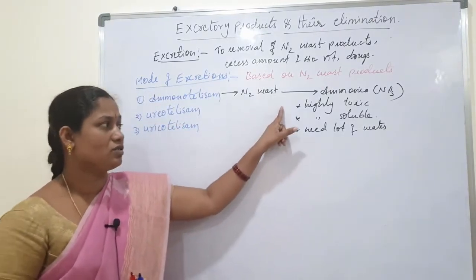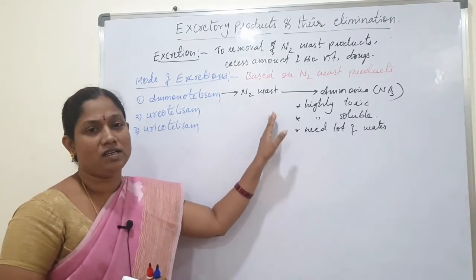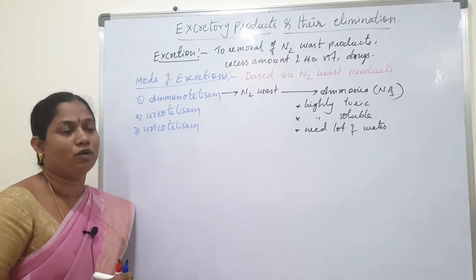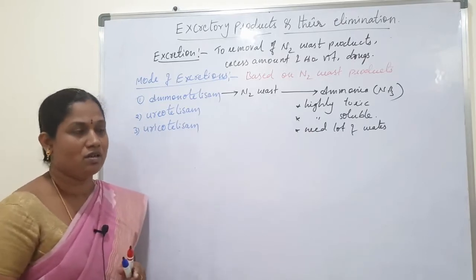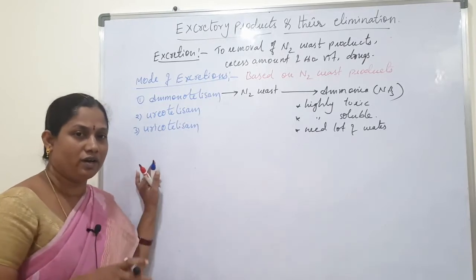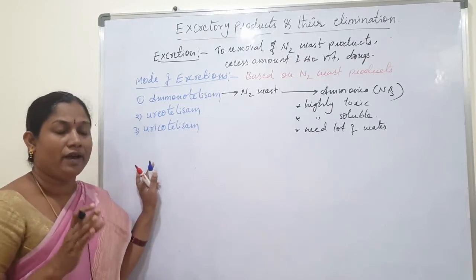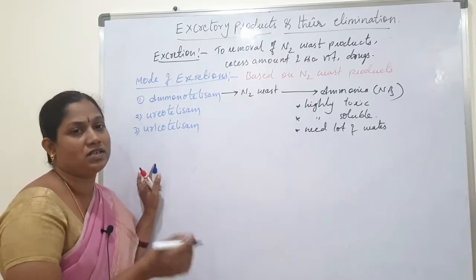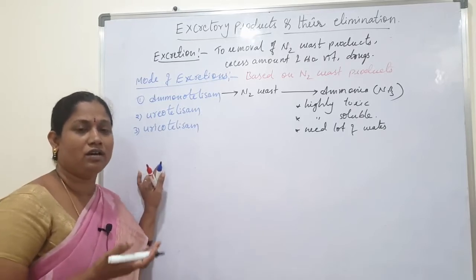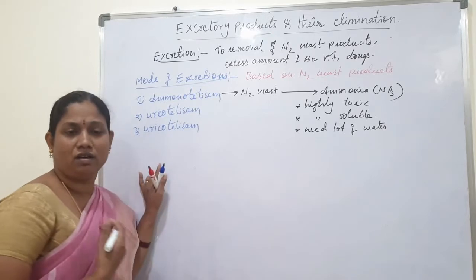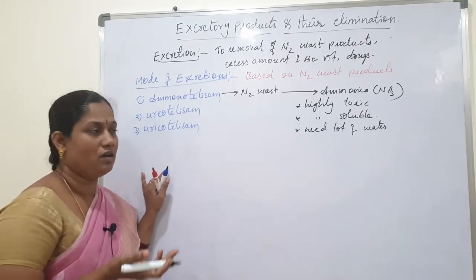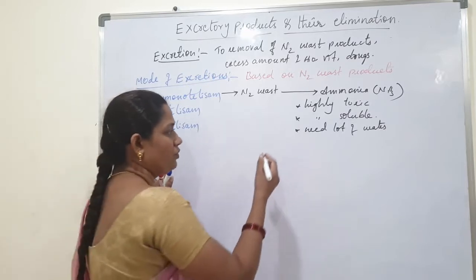It is easily soluble in water, so it needs a lot of water for the excretion process. That's why aquatic organisms excrete ammonia. They live in water, so they have a lot of water, and they directly release the ammonia into the water.